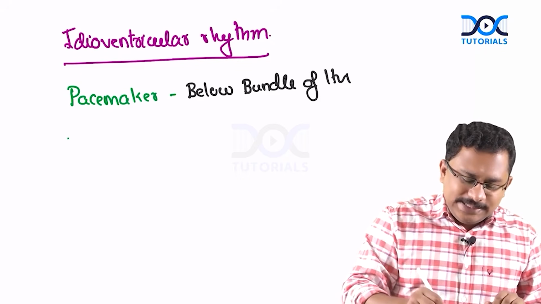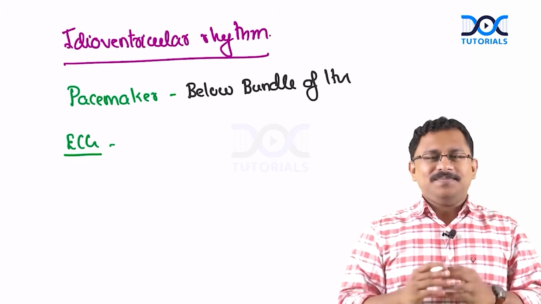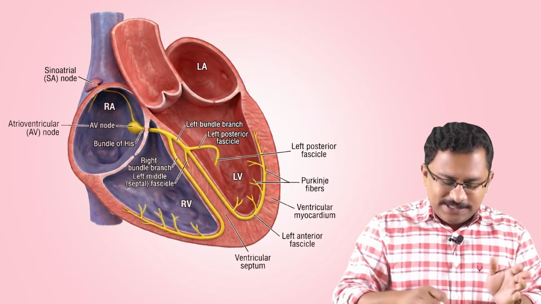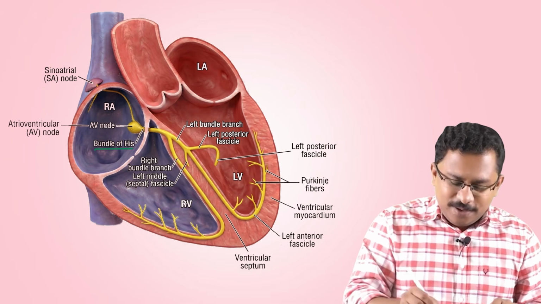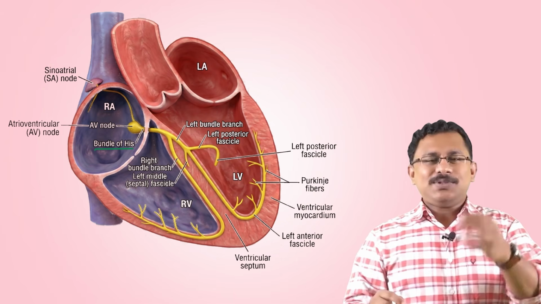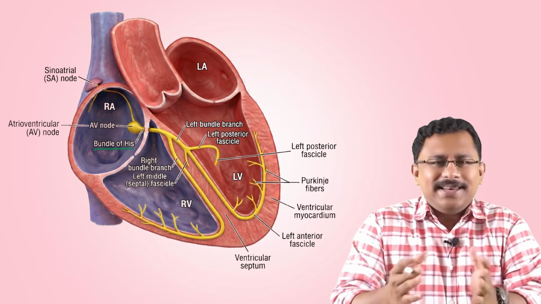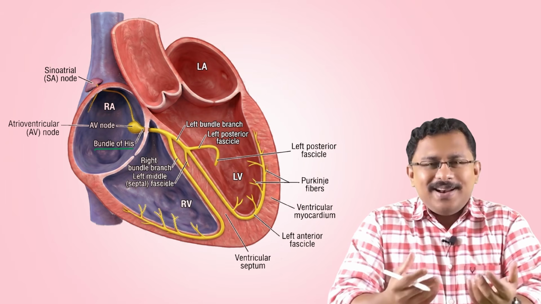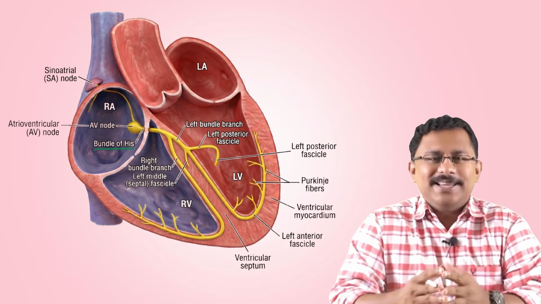Now when you look at the ECG of patients with idioventricular rhythm, when the pacemaker is below the bundle of His, I am just taking your attention to this picture. This is the bundle of His being marked, and below the bundle of His, when it comes to the bundle branches, if one of the bundle branches is acting as the pacemaker, just suppose, it means the ventricular depolarization in both the ventricles is not going to occur simultaneously.